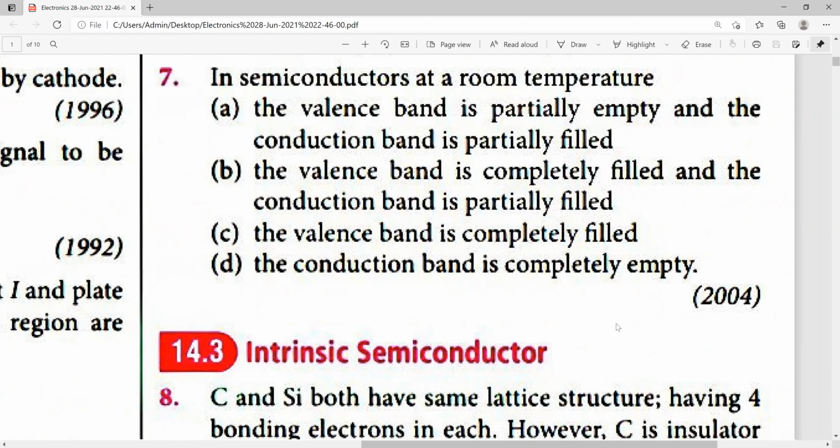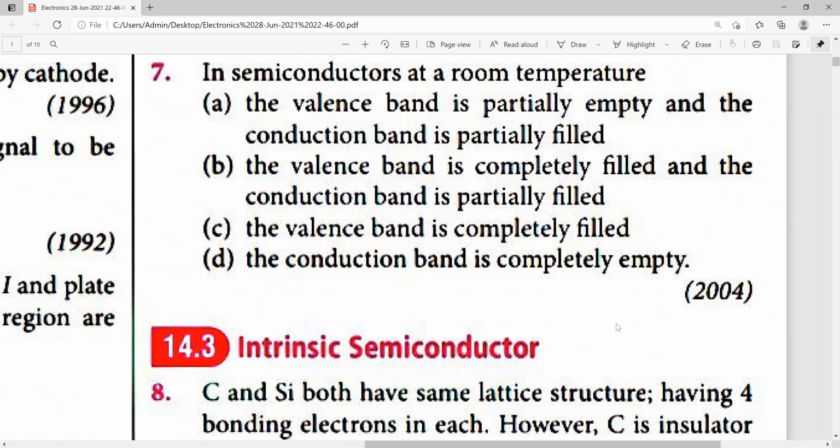Seventh one, in semiconductors at room temperature, 4 options they have given. The valence band is partially empty and conduction band is partially filled. Second one, valence band is completely filled and conduction band is partially filled. Third one, valence band is completely filled, and fourth one, conduction band is completely empty.